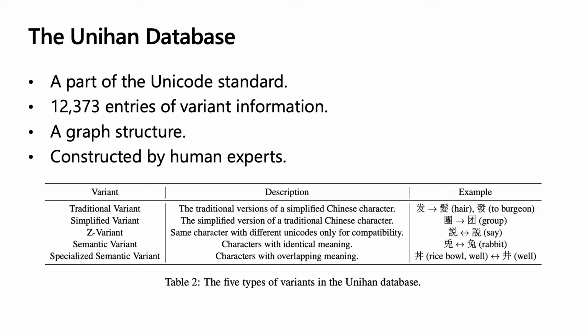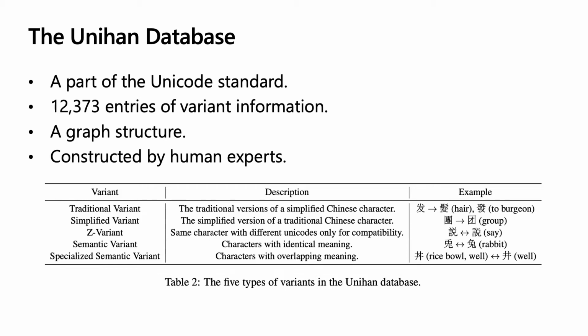And the database we use here is called the Unihan Database, which is a part of the Unicode standard. It's publicly available for everyone, and it is constructed by human experts.